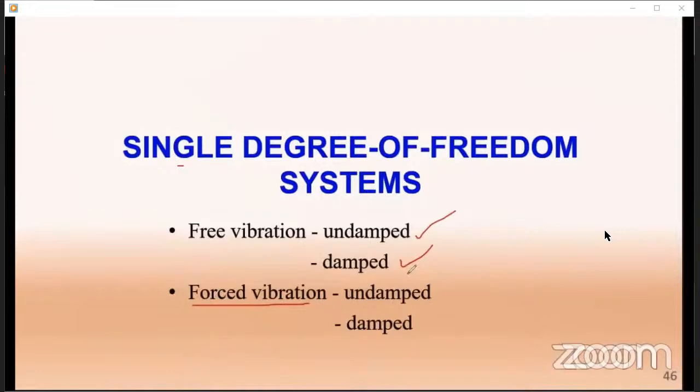Free vibration is like the case of a pendulum, where you cause an initial displacement, then you release. But when you come to structures, you're looking at earthquake or impact loading. So there is an external force that will initiate our motion, and those are the kind of analyses that are interesting to us in structural engineering, all right?